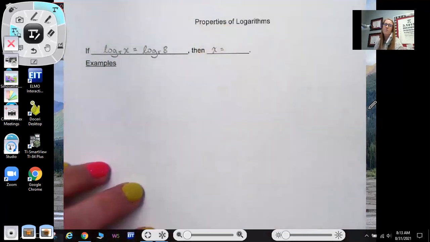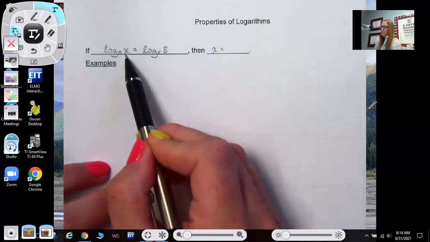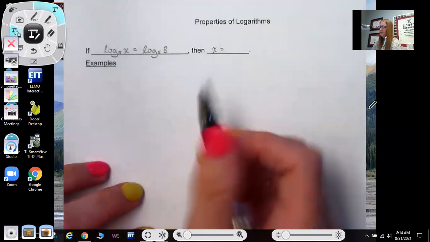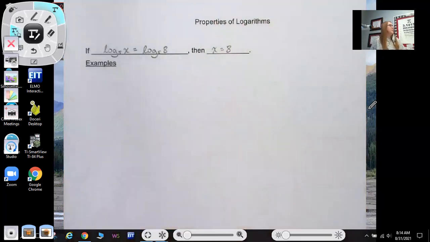What do you think? Just comparing these two logarithms. Yes. x equals 8.